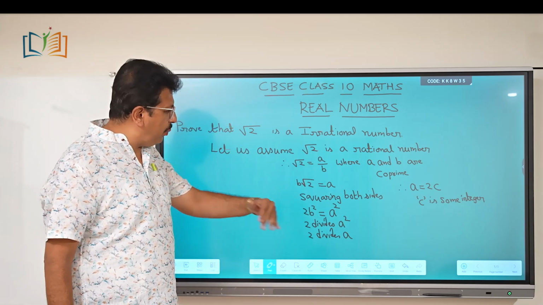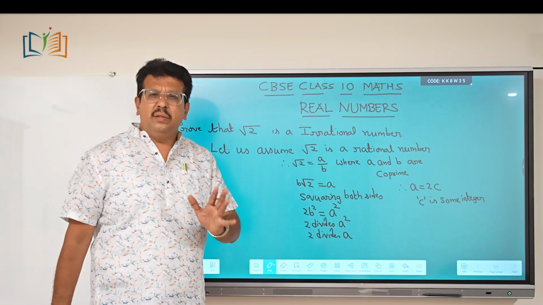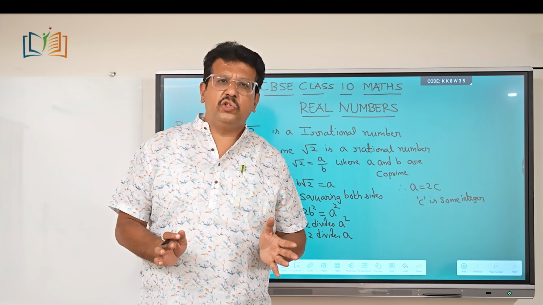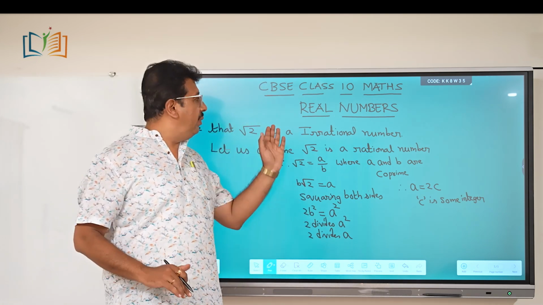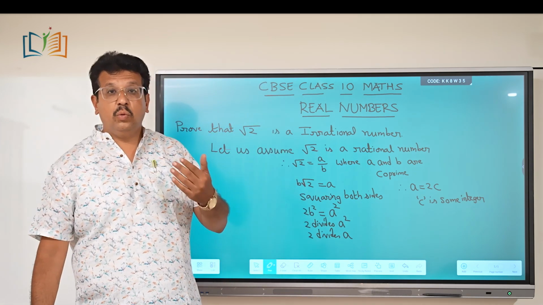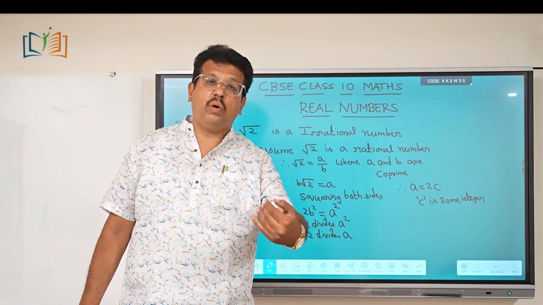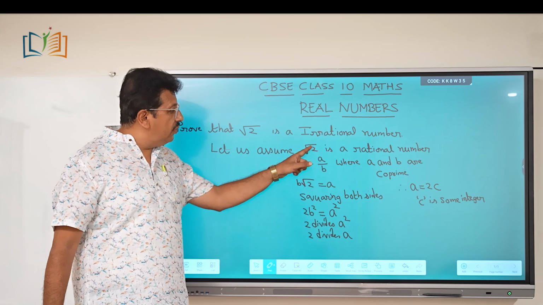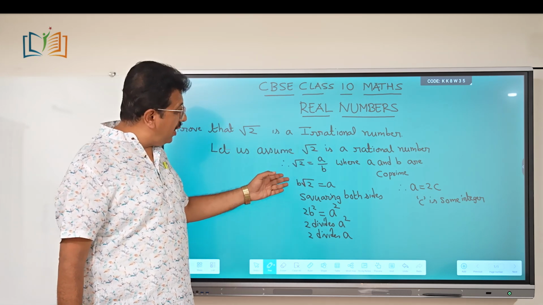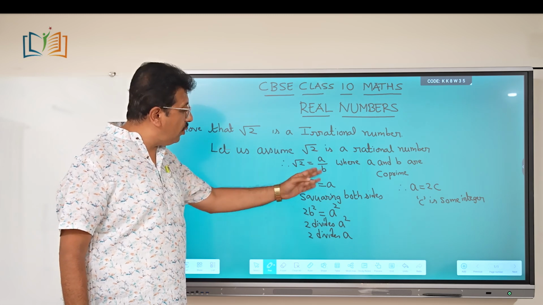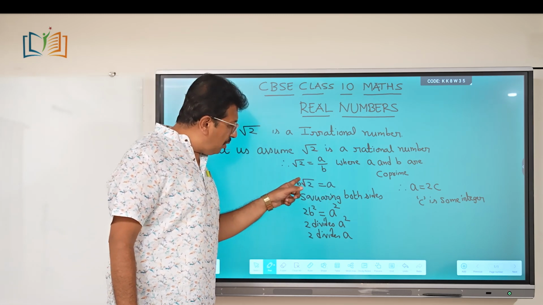Please understand this properly, all of you students. Squaring on both sides is a common step which you need to adopt for any irrational number. It may be root 2, root 3, root 5, root 7, root 11, root 13, root 17, root 19, root 23, whatever number it may be. First, we should assume it as a rational number and write a by b. Then cross multiplication, b root 2 equals a, then squaring. Why should I square? The question may come to you. Because the root is there.